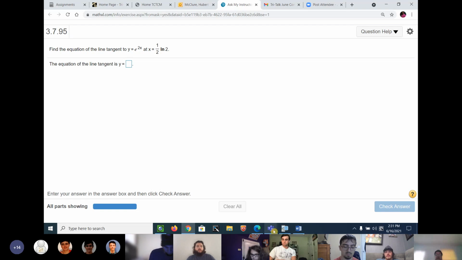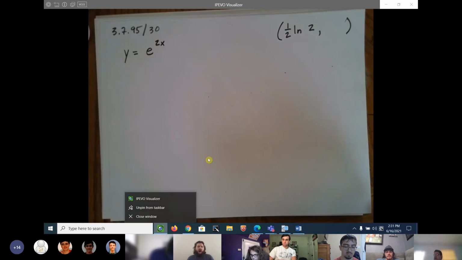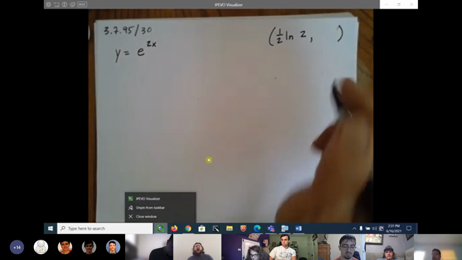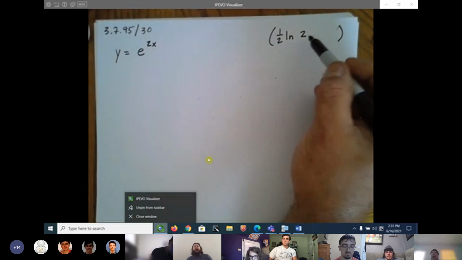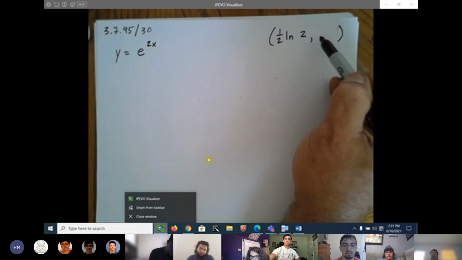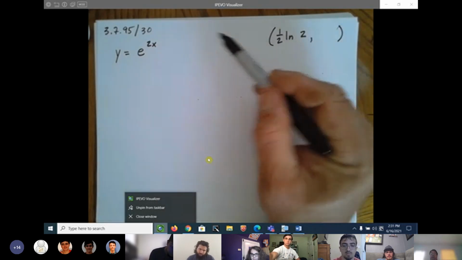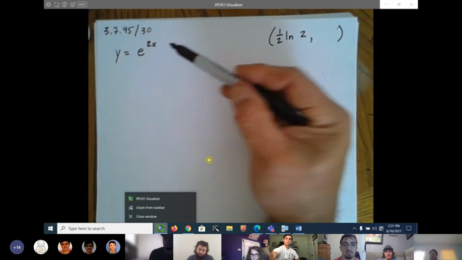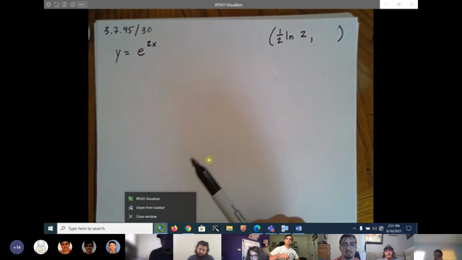Well, you automatically know right then what? You're going to have to find the slope, and what's the point going to be? Well, what do you do with natural log of 2 to get a y? You plug it into the equation. Now I'm going to tell you, you're going to come up with 2, because the natural log is going to cancel the e.